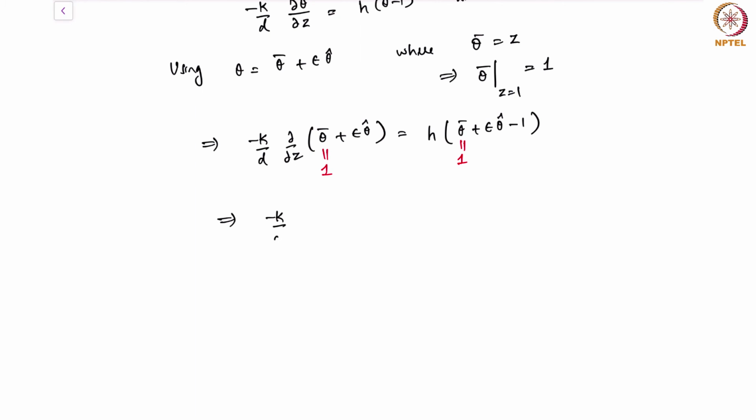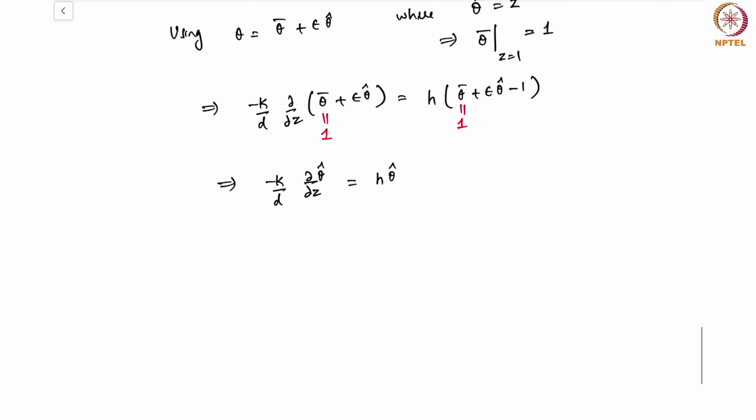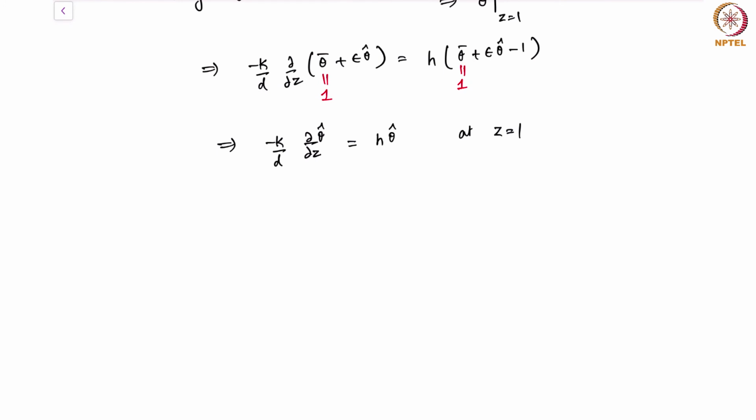minus k by d of del by del z of theta hat will be h times theta hat. This is at z is equal to 1, right?